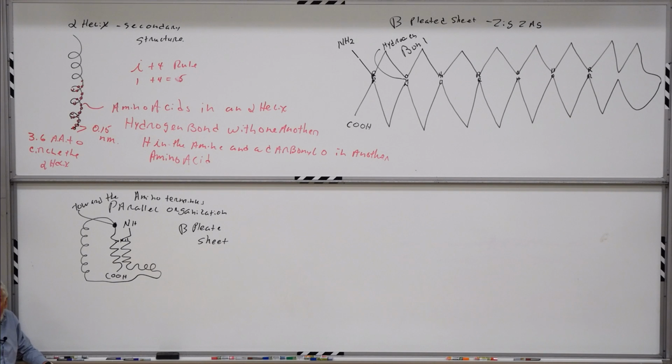Anything else? Yes? So do we examine the alpha helix in itself? Can it exist separately from an anti-parallel or parallel sheet? So the question is, can we have alpha helix appearing within a protein independent of either the parallel or anti-parallel beta pleated sheet? Yes, that's true.